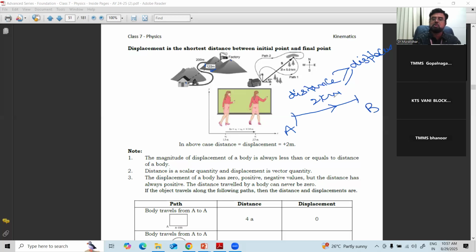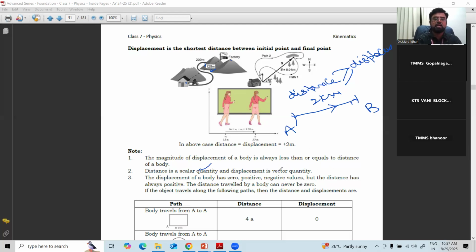So what is the distance? 2 kilometers only. Displacement of the straight line is also the same, only 2 kilometers. So distance is equal to displacement only in one case, when a body moves in a straight line. In all remaining cases, distance is more than displacement. Right? So the magnitude of displacement of the body is always less than or equal to the distance.